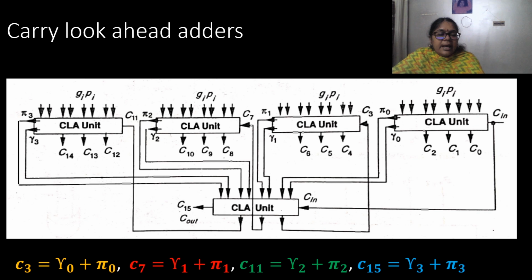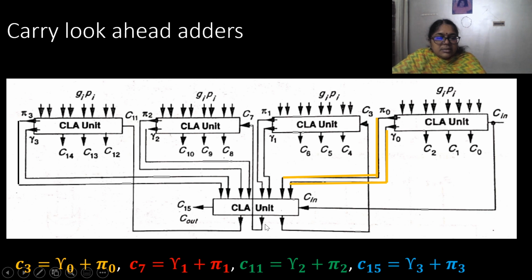So here, as I told you, 4 carry look ahead adder blocks are being used to perform the addition of 4 bits each. The first carry look ahead adder block is generating P0 and G0 as its output, and those are given as inputs to the 5th CLA unit here.